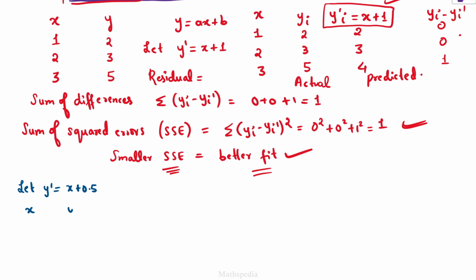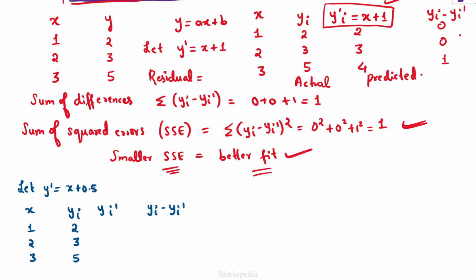X value is there, y value is there, basically yi, and yi dash is there, then residual, which is yi minus yi dash, the difference of this. X value will remain the same, 1, 2, 3. Yi also remains the same, 2, 3, 5.